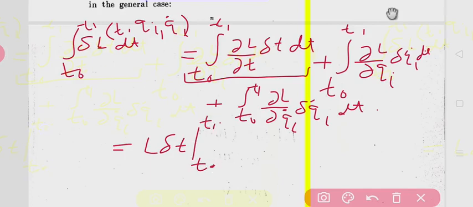We will keep the delta qi term as it is, and we open the qi dot term by integration by parts.